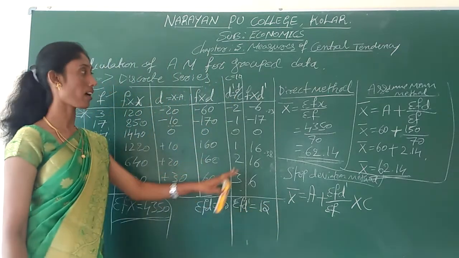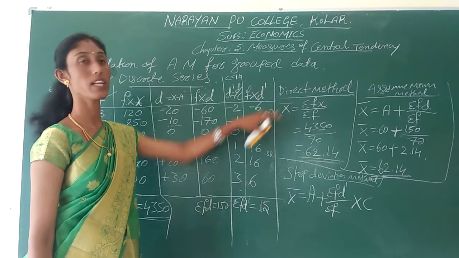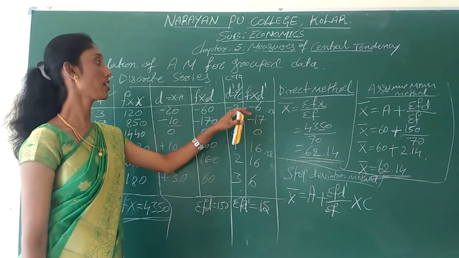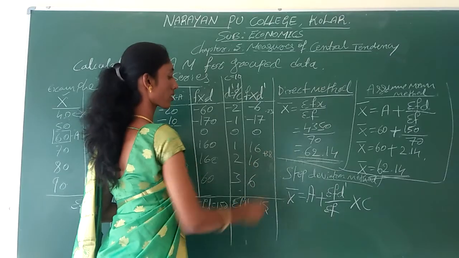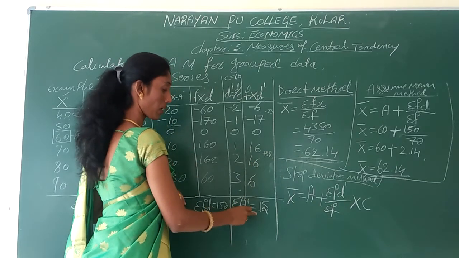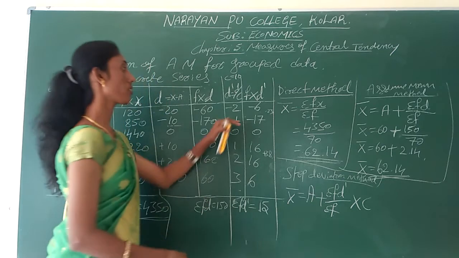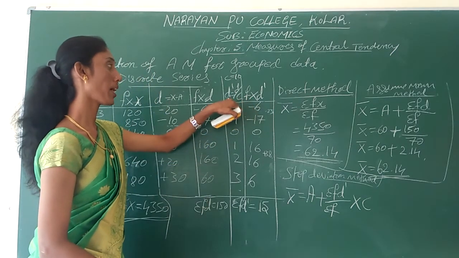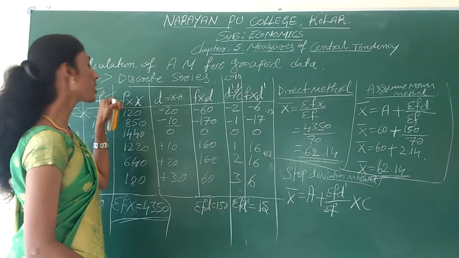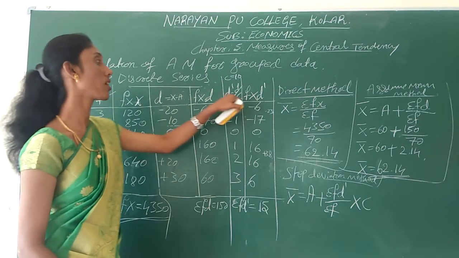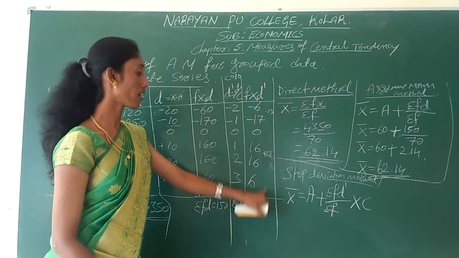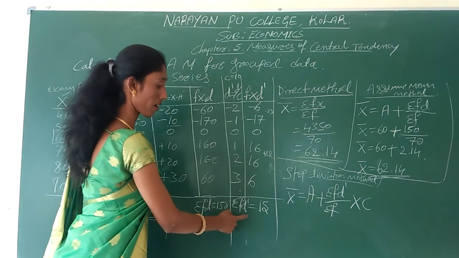Got it now? We have found f into d dash. By finding d dash and multiplying these d dash values with f, plus 38, we will get plus 15. And how did we get this? By multiplying d dash values with frequencies, we get this sigma f d dash.